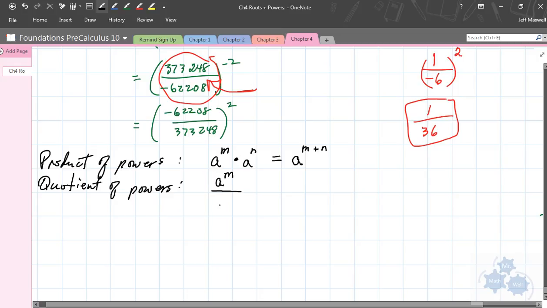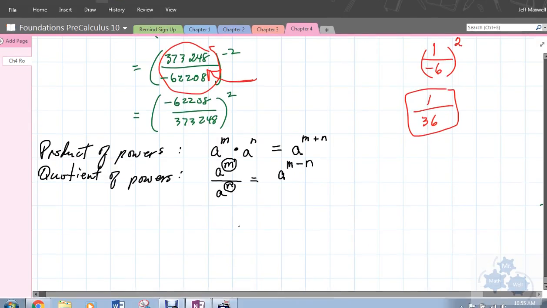Quotient means division. So the quotient of powers, if you have like bases, again, the base has to be exactly the same, then you simply subtract the exponents. Always start with the top one and subtract the bottom one. So that's the quotient of powers.